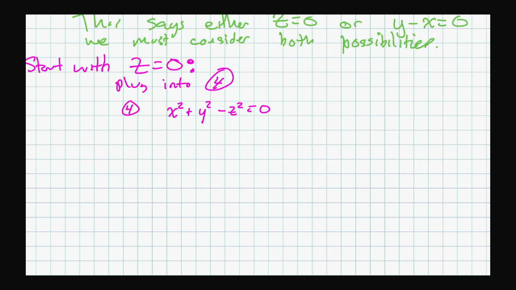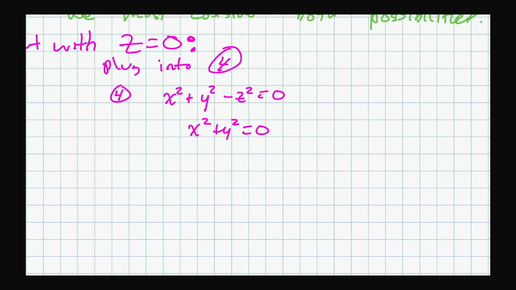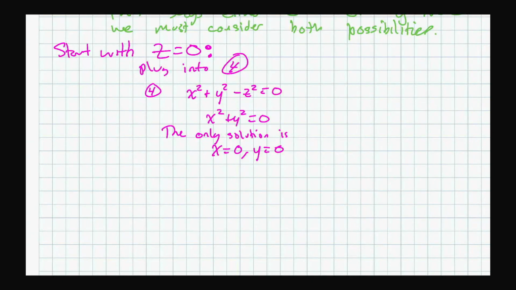Okay, so if you put z equals 0 in there, you've got x squared plus y squared equals 0. Now, the thing about x squared plus y squared equals 0 is it only has one solution: x equals 0, y equals 0. So if you combine this information, if z equals 0, then x and y also have to be 0.